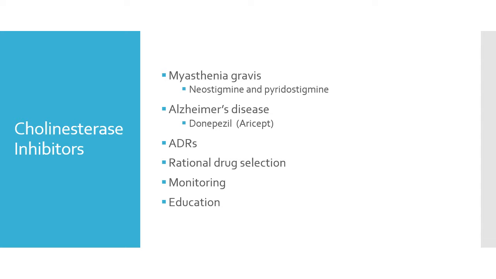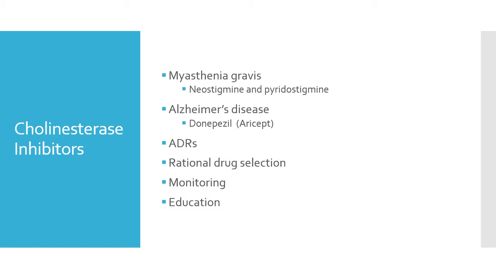And then with Alzheimer's disease, this is a decrease in the brain levels of choline, as well as acetyltransferase. Now, going back to pathophysiology, those are both chemicals that are needed to synthesize acetylcholine. So these cholinesterase inhibitors increase the activity of acetylcholine at the cholinergic receptors.